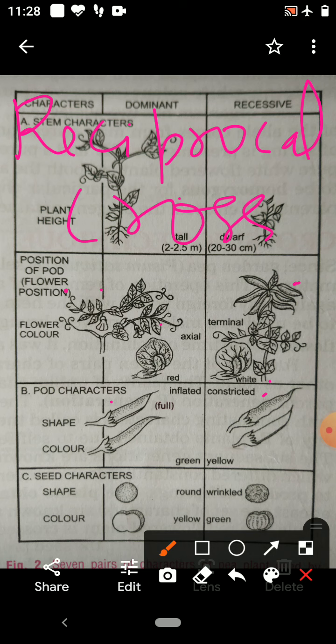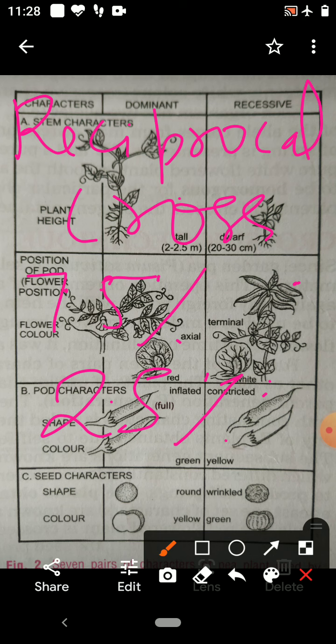In the F2 generation, it was found that 75% of progeny have the dominant character and 25% have the recessive character.